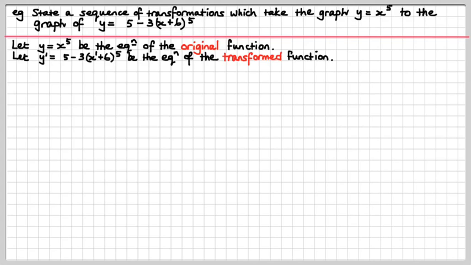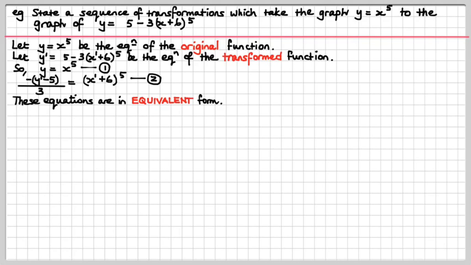Now, what we've got to do now is get them in equivalent form. There's the first one, the original. There's the second one in what I call equivalent form, which means I can now basically equate the y terms and the x terms, right, as equivalent. So doing that, that's an equivalent statement of the y's, that's an equivalent statement of the x's, and in this case I'm going to make y dashed and x dashed the subject, and then just read off the transformations which we've done to x and y to make them x dashed and y dashed respectively in a logical way.